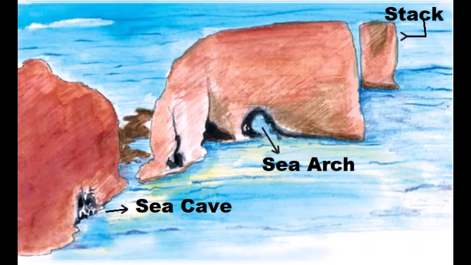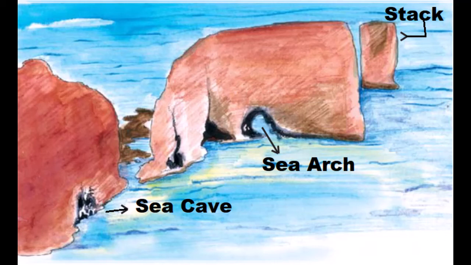Strong sea waves strike against the coast and cut the rocks into fragments, so many large and small cracks develop on the rocks. Slowly, after some time, these cracks widen and form large cavities.